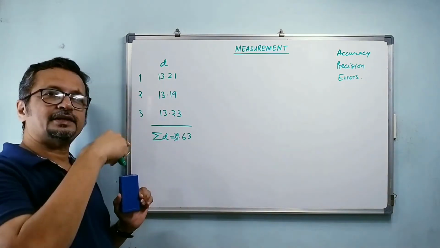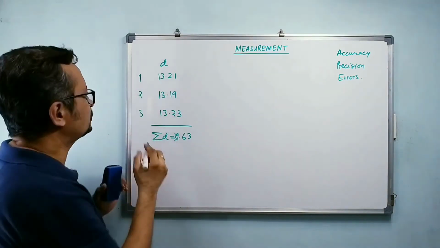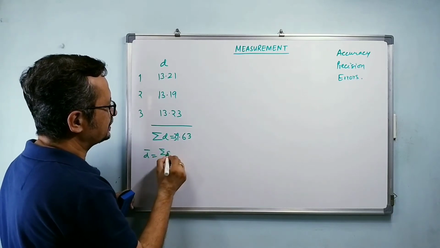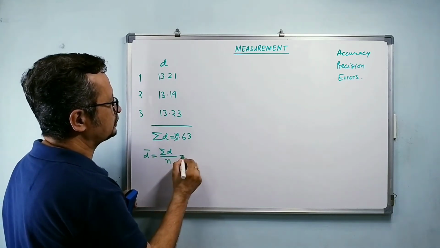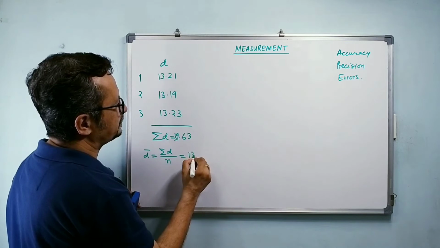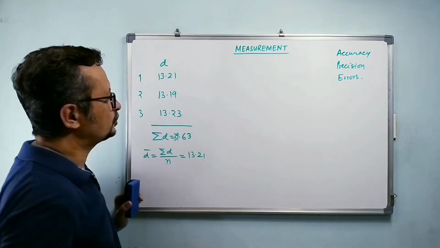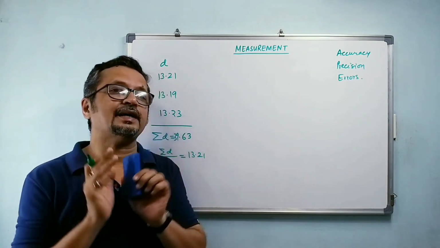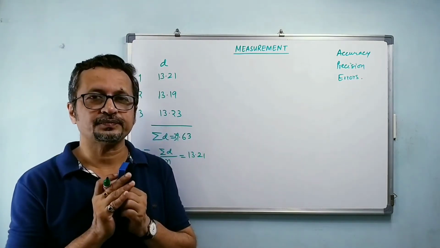How many readings have I taken? I have taken 3 readings. So my average, I would call it D bar, would be sigma D upon n. So that is equal to 13.21. So my average reading is 13.21, and now I'll take this as my true value.